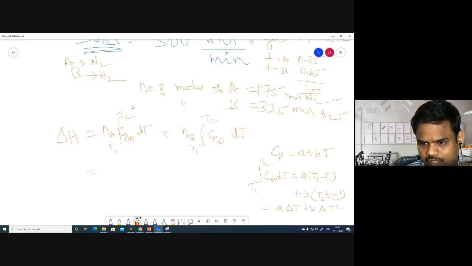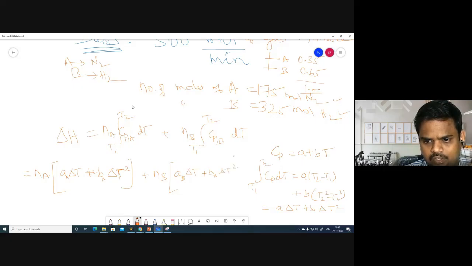If we substitute that here, what we will get is Na into A of A into delta T plus B of A into delta T square, plus Nb into the same formula: A of B into delta T plus B of B into delta T square.